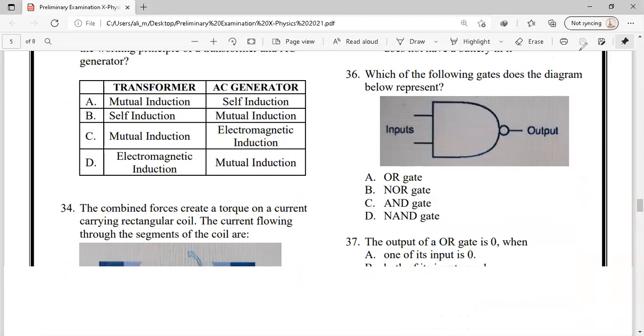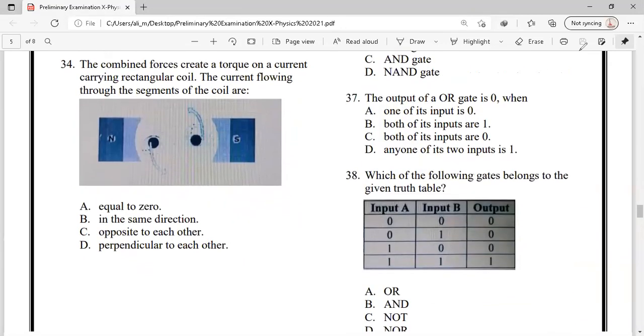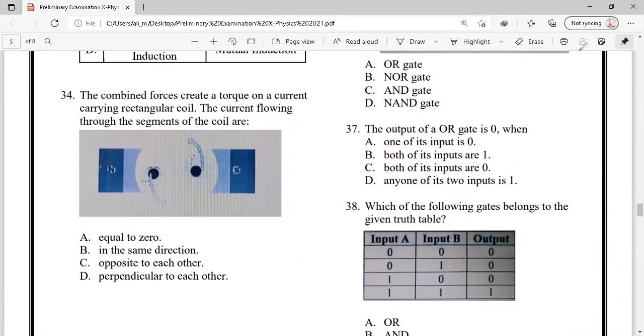Let's see question number 34. The combined forces create torque on a current carrying rectangular coil. The current flowing through the same segments are... As we have studied in our diagram, if this is the north pole of the magnet, this is the south pole, and this is the rectangular coil placed in the magnetic field.